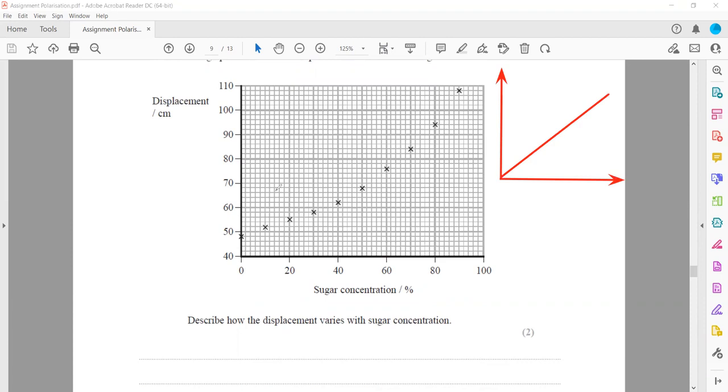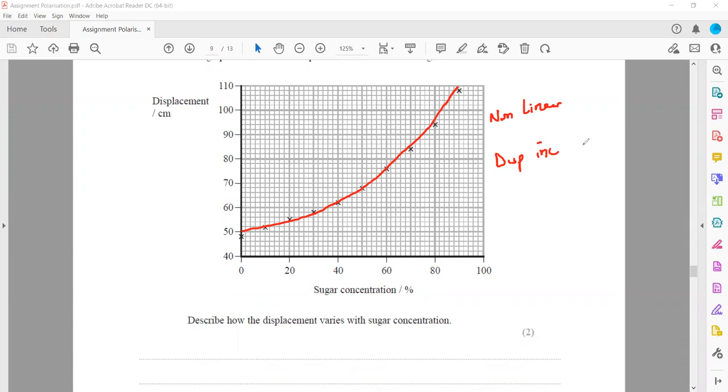Why? Because it's making a curve. It's not making a straight line. So when it's not making a straight line, it means that it is a non-linear relation, and the displacement increases with the concentration of sugar. So if we use a high concentration of sugar, the displacement will be more.